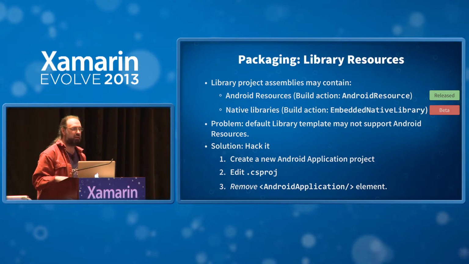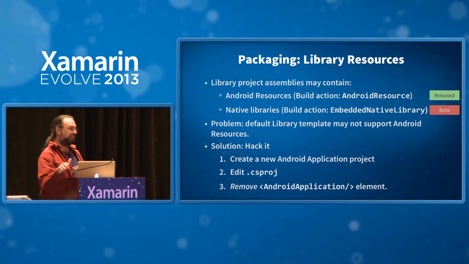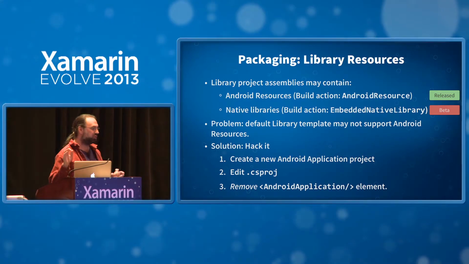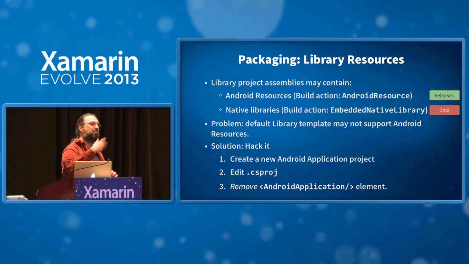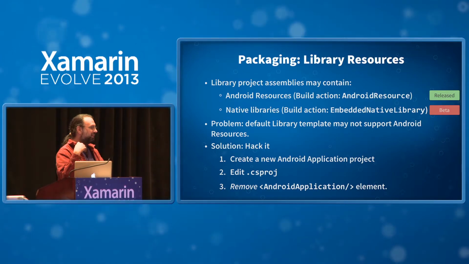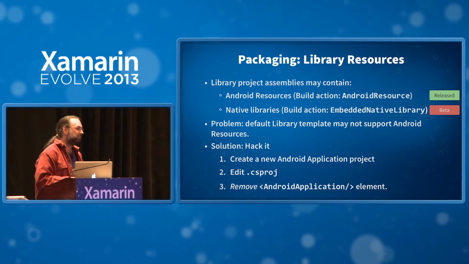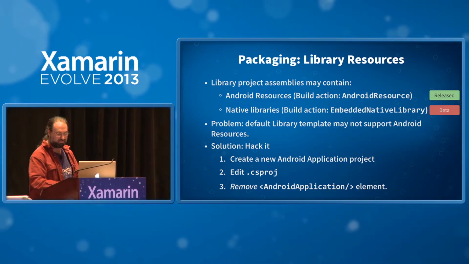It's an XML file. It's ugly, but it's an XML file. Just remove the Android application element. Save, reload the project. You now have an Android library project that has Android resources in it, plus the pre-created directory structure with all the sample layout XML and the sample strings and the sample everything else. So it helps get your project set up.